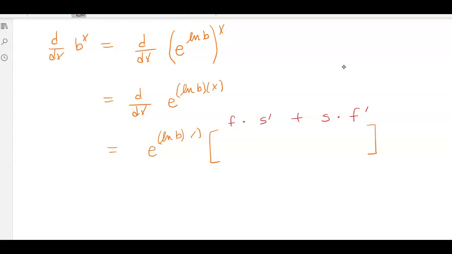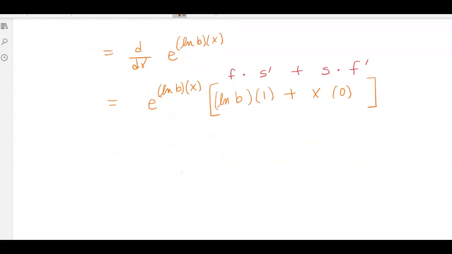The first function is natural log of b, and the derivative of the second function is 1. The second function is x, and the derivative of the first function, remember we said this before, the derivative of a log of a number is just going to be 0 because it's a constant. So e to the natural log of b times x, and then this is natural log of b.